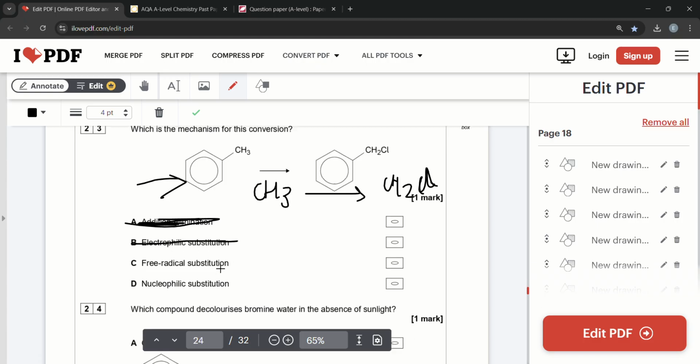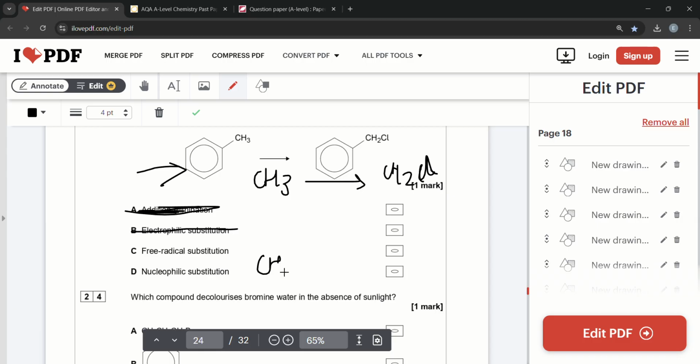Free radical substitution: if you have CH3 plus chlorine free radical, CH3 dot plus HCl, and we've got CH2 dot plus Cl2 to form CH2Cl plus Cl dot.